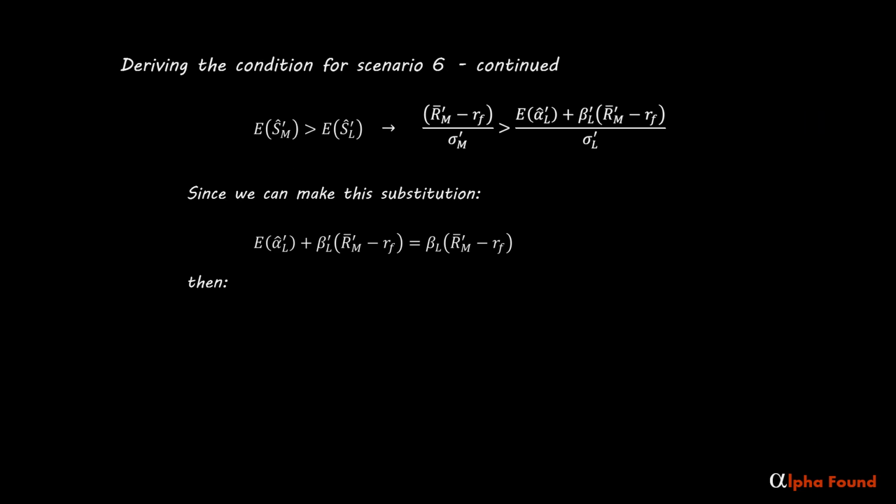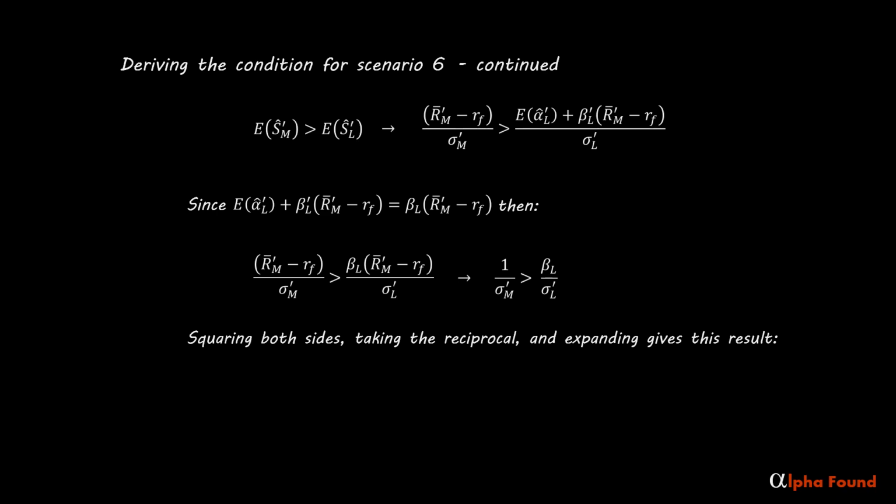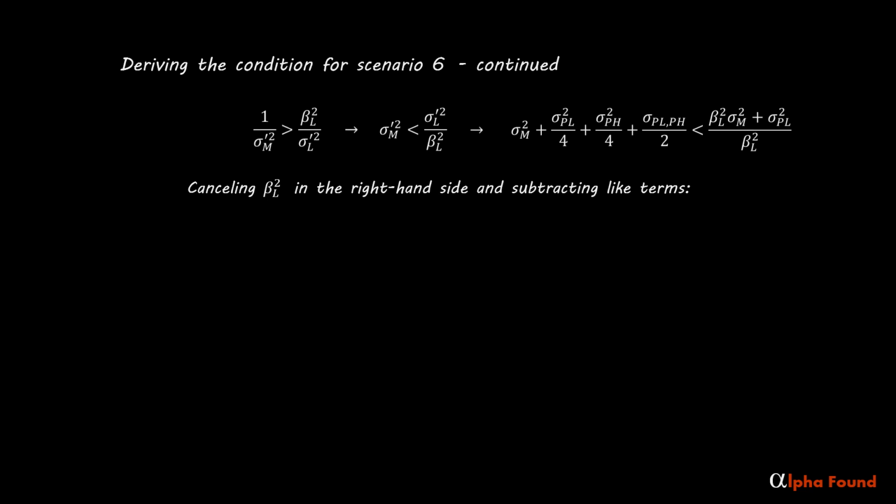Since we can make this substitution, then squaring both sides, taking the reciprocal, and expanding gives this result. Canceling the low ideal beta squared in the right-hand side and subtracting like terms.